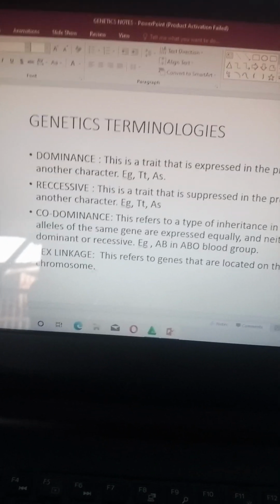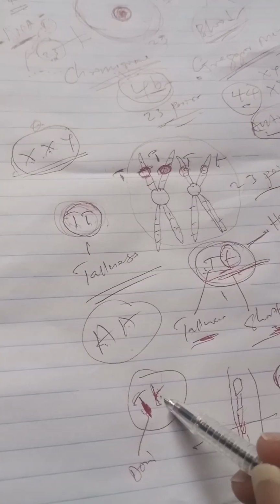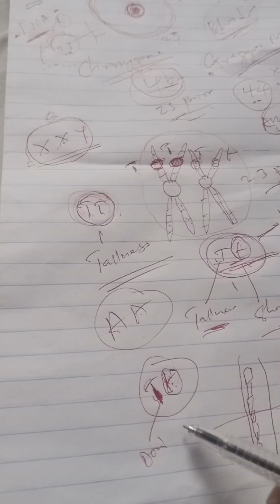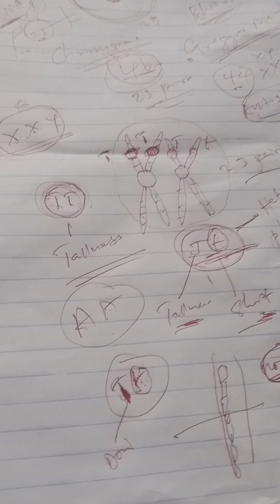Then recessive is the opposite, which is the trait that is suppressed in the presence of another character. In this case you can see that if the person is tall, like I said earlier, this T is dominant, while this other small t is recessive. The person is a carrier for shortness, though in the physical attribute, in his phenotype, he is a tall person. Just the way you have in AS.